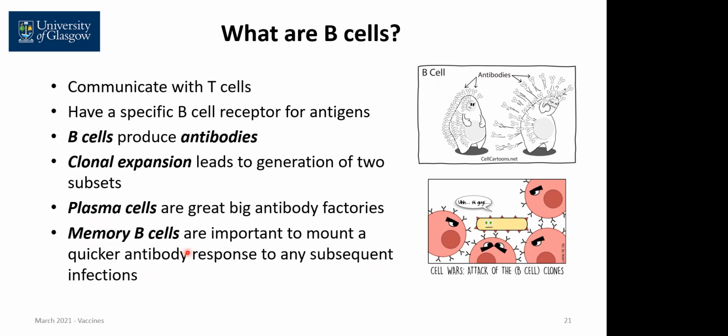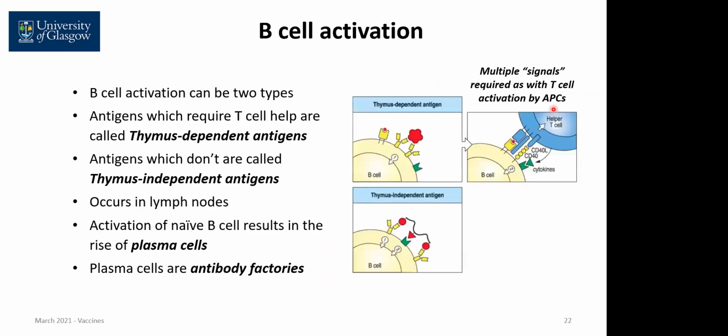So plasma cells are great big antibody factories. They just produce copious amounts of antibody which can target a certain microbe or a certain antigen. They can also differentiate into memory B cells. Memory B cells are really important in mounting a quicker antibody response if you have a subsequent infection by a given microbe. And we'll talk about these two types in the coming slides.